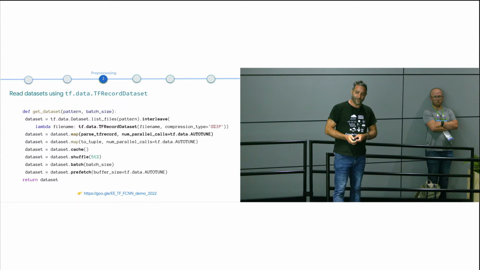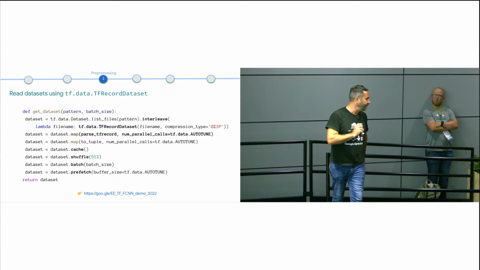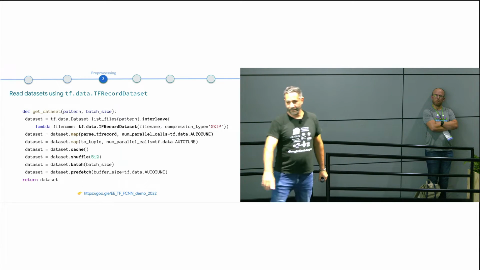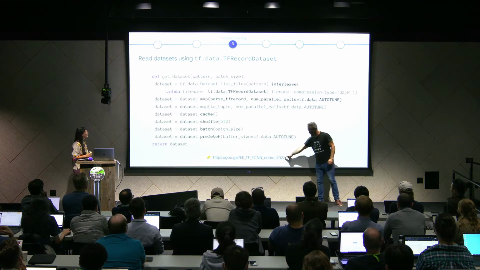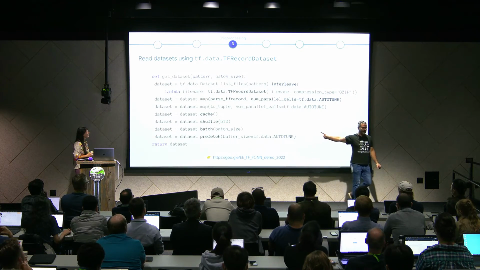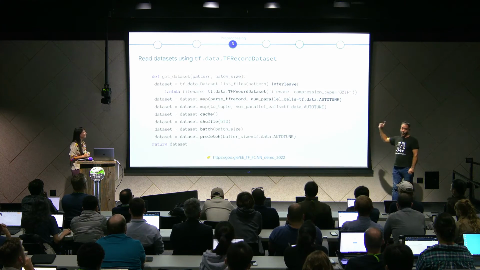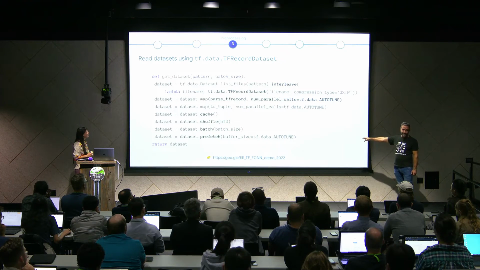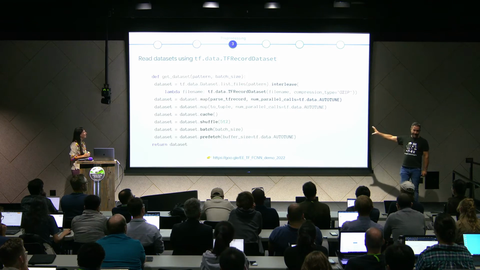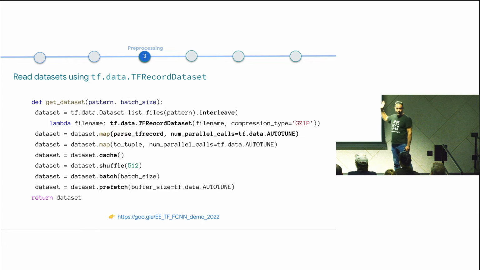Cache it, shuffle it, batch it, and prefetch it. All this stuff, if you go to the example notebook, it links to the TensorFlow docs that explain why you might want to do all this stuff. But the idea is just to have a very efficient pipeline for reading the data sets that you wrote. Next.